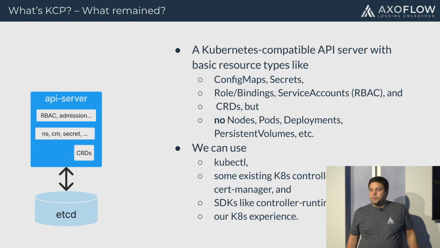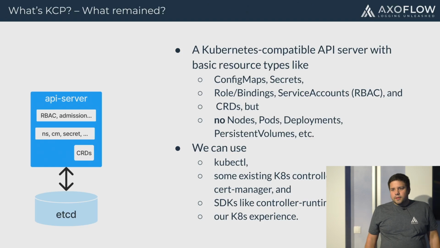But of course, if you try, for example, to list your pods, it will tell you that it never heard about a resource type called pod. But other than that, you can use kubectl in the usual way.